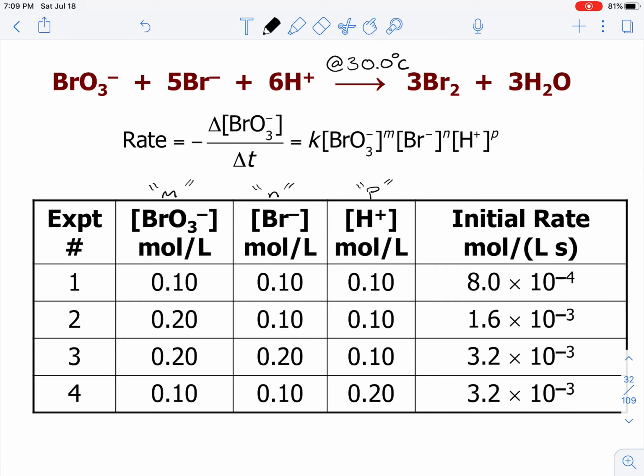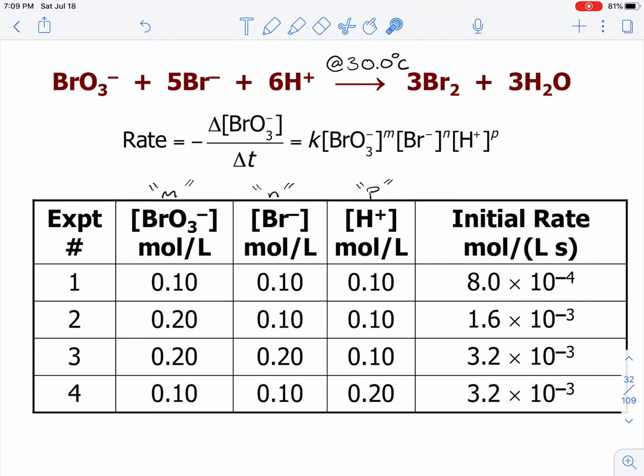Once again, the main goal of this example is to figure out the values for the orders of reaction, as well as the rate constant K. Once we have all 4 of these pieces, then we can write the complete rate law for this reaction that's being run at 30 degrees Celsius.